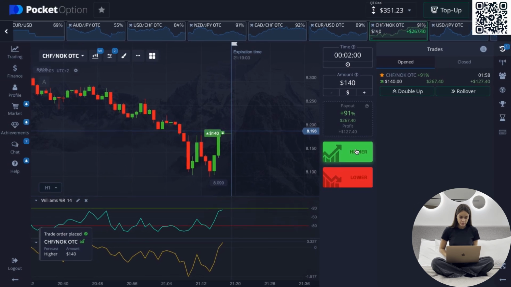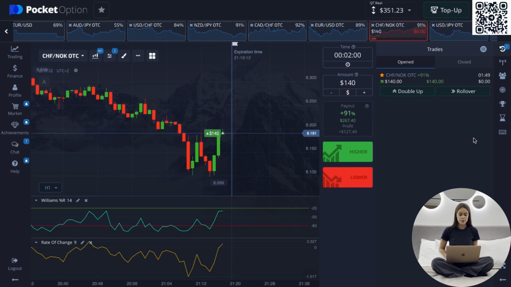So in this example, we also see an excellent opportunity to open a deal for an increase. Now we are waiting for the end of this transaction.